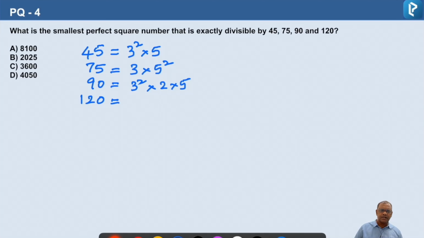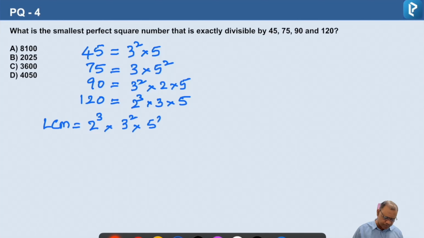120 is 24 into 5. 24 is 8 threes. Now let us find the LCM. LCM is the highest powers of 2, 3 and 5. 2 highest power is 3, 3 highest power is 2 and 5 highest power is 2.